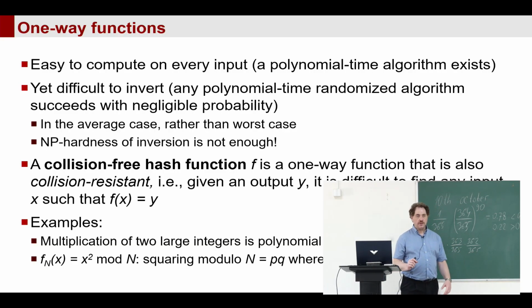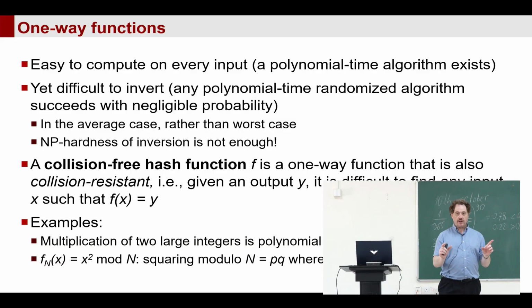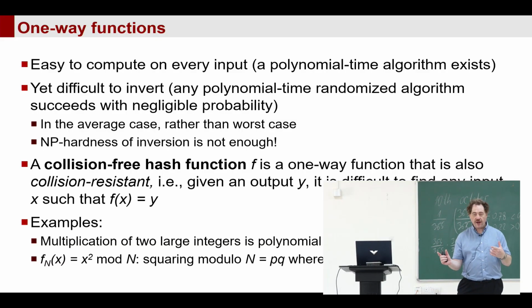However, if we take the product and try to find the two numbers, that's a hard problem. Hard in the sense that there is no polynomial algorithm, polynomial in the number of bits in the product, which would give us the factorization, the two factors whose product is the given number.